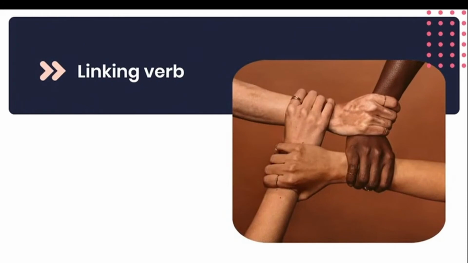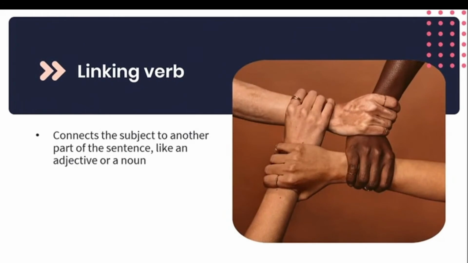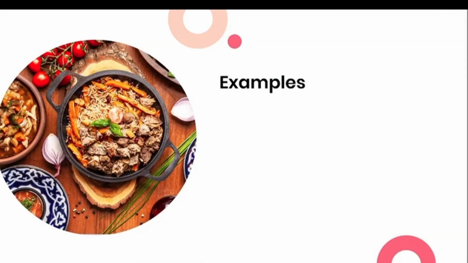Another type of verb is a linking verb. Linking verbs connect the subject of a sentence to another part of the sentence, whether it be an adjective, which is something we will learn about in the next lesson, or a noun. Now, it doesn't represent an action. For example, smells in dinner smells amazing tonight.